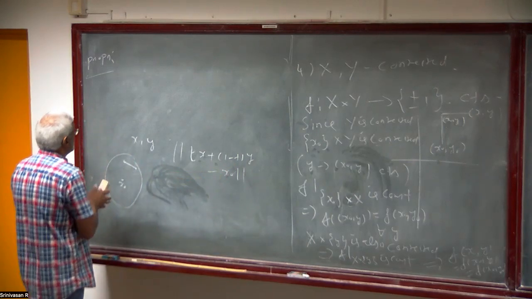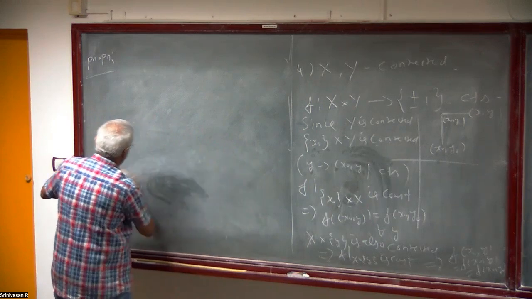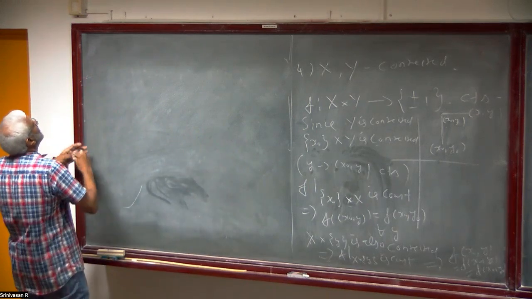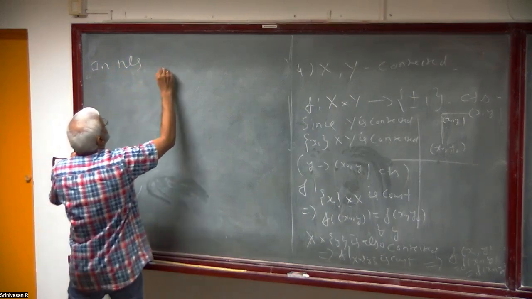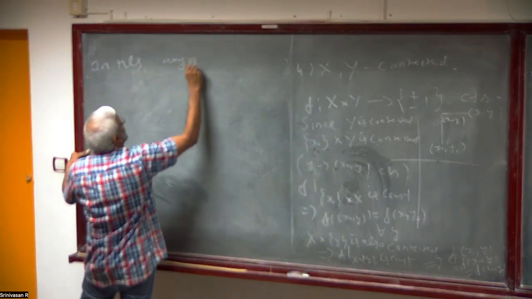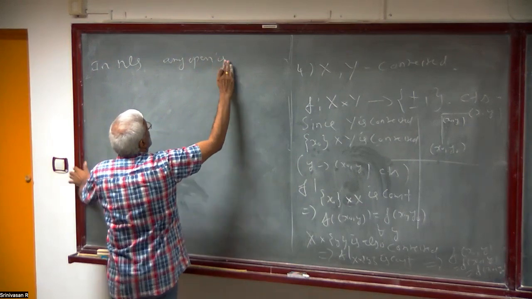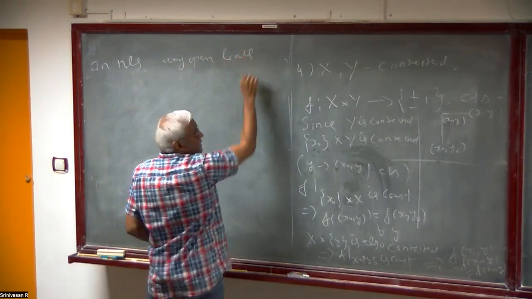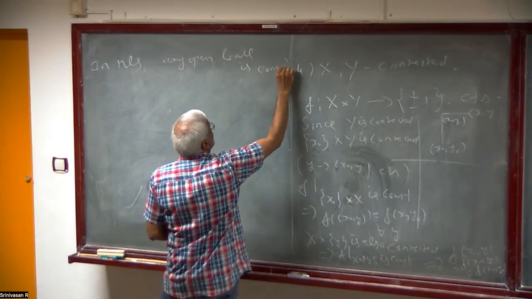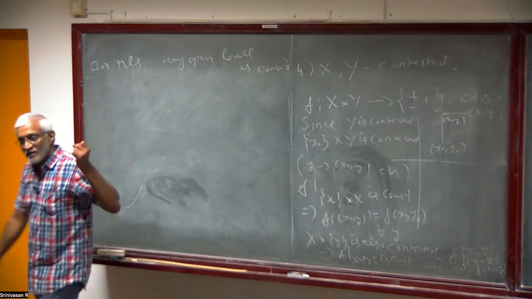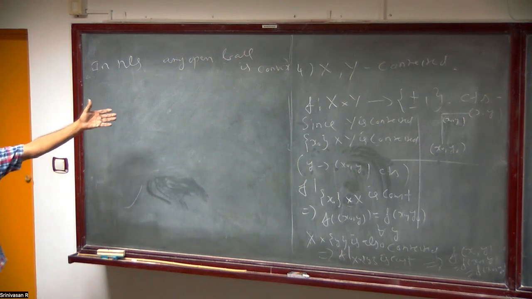Let me prove that. This is easy. In a normed linear space, any open ball is convex. The definition of convex makes sense only if it is a vector space or something; you need to have addition.